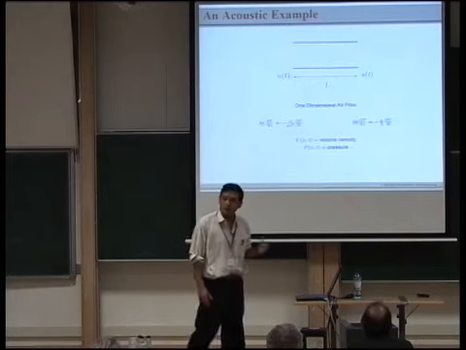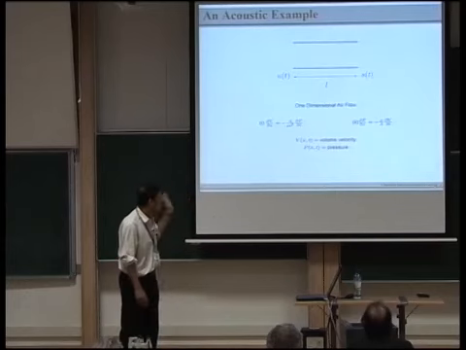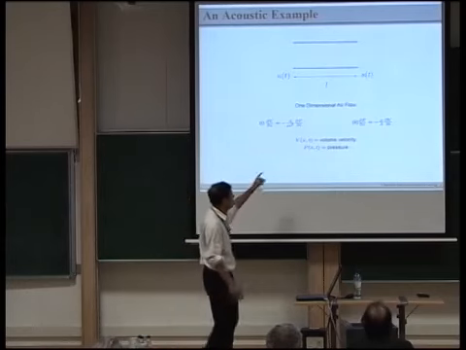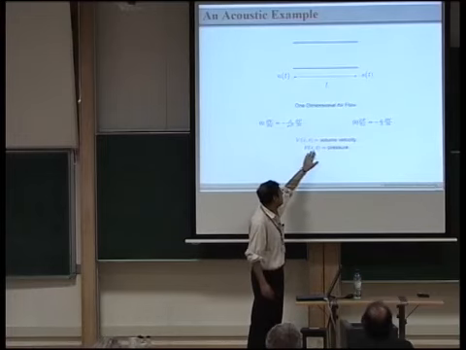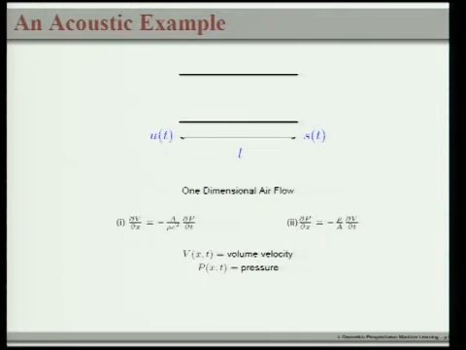You solve the one dimensional airflow in this tube, assuming planar wave propagation. You look at the volume velocity and the pressure, and so P of x comma t is the pressure wave as a function of time at location x, and the measurement s of t that you are making is actually just P of L comma t. Okay? That is what you measure every day. There is only one degree of freedom that is generating the data for you.